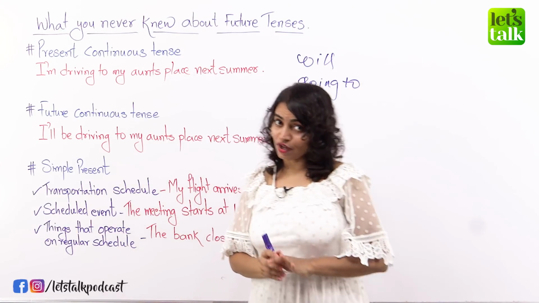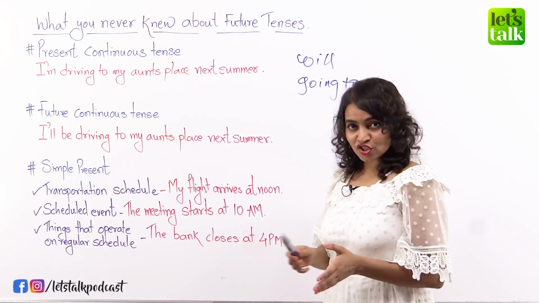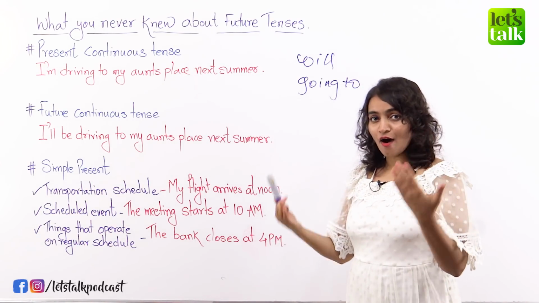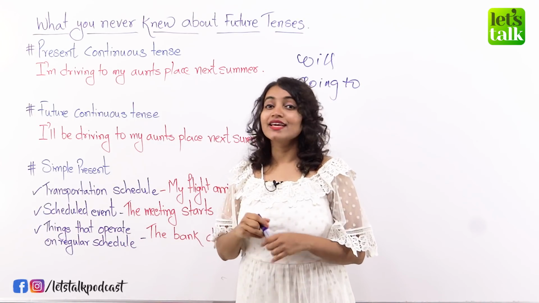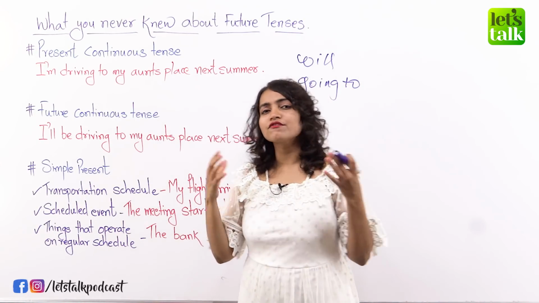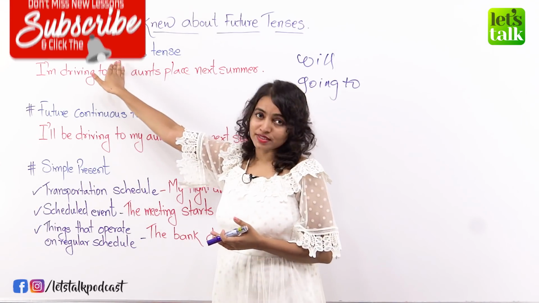Okay, for those who don't know, a present continuous tense is an action that is ongoing, but that action is happening right now in the present. And there is a formula to sentences in the present continuous tense.